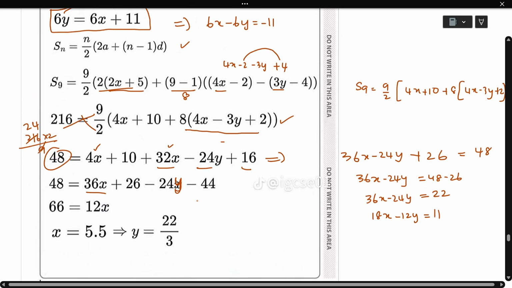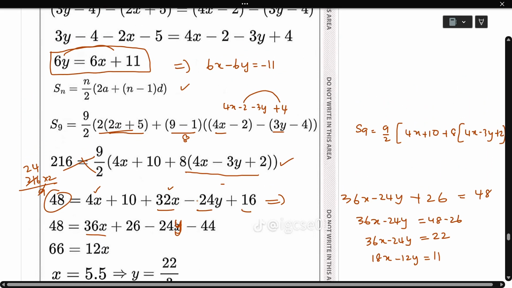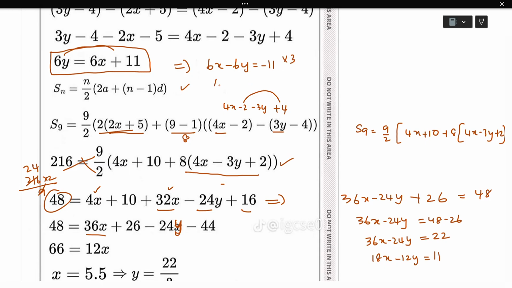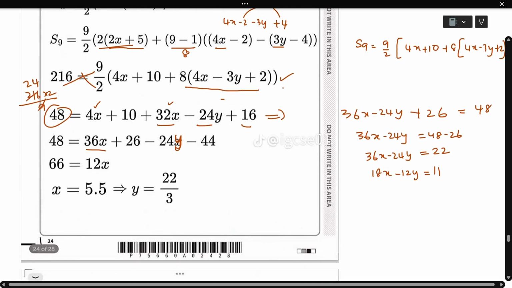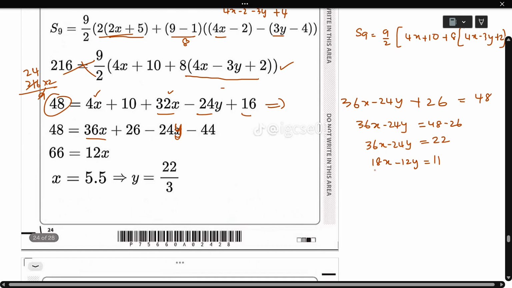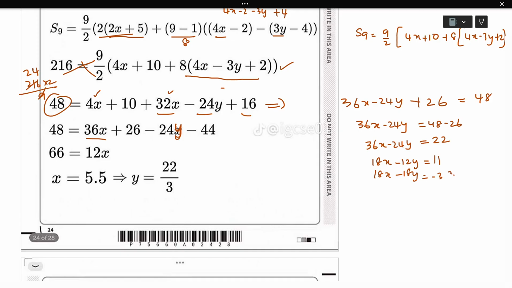I'll make the first term the same, so I'll multiply the entire equation by 3, which gives 18x minus 18y equal to negative 33.